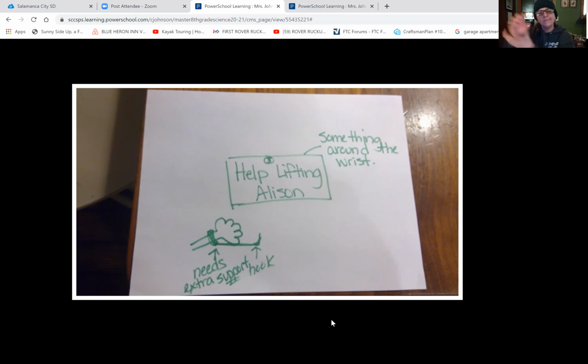So I thought, I wonder if something could attach around her wrist, even a Velcro strap that would strap on there, but there'd be some kind of a rigid device coming off of that with a hook that she could hook onto things. Maybe the hook would grab the wheelbarrow or the pitchfork, a couple different ways. Again, this is just the ideate stage.